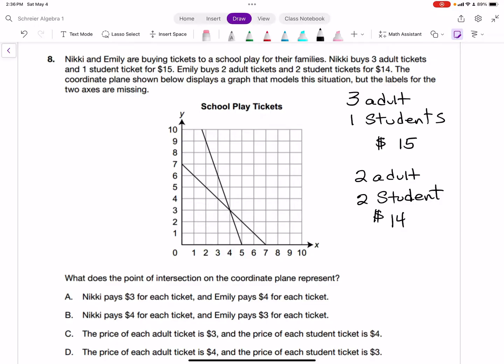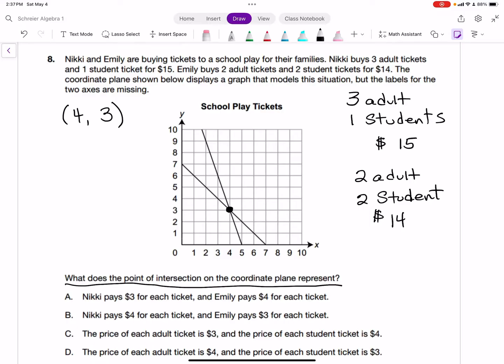And it says the coordinate plane below displays a graph that models this situation, but the labels for the 2 axes are missing. So they ask, what does the point of intersection on the coordinate plane represent? So if we look at the intersection point here, that's the point 4, 3. And we know how many tickets they bought.